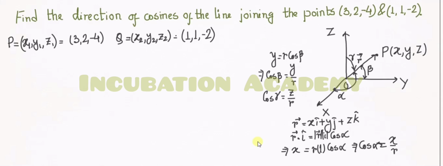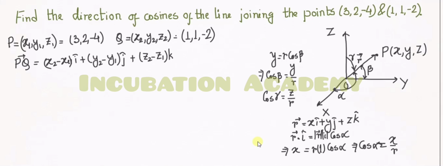The PQ vector is (x2 - x1) i cap plus (y2 - y1) j cap plus (z2 - z1) k cap.